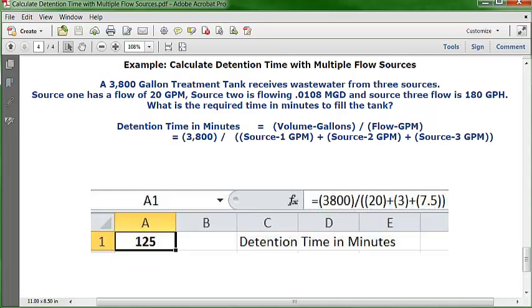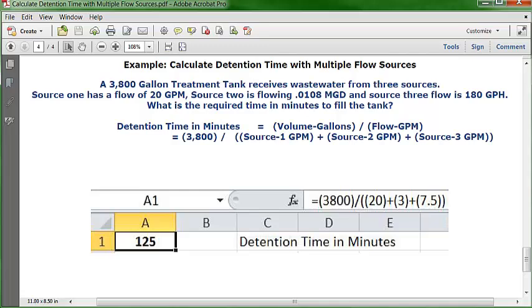You can format it as a number with 0 decimals, and then you can have it as bold and centered in the cell, and then you can just go up to the formula bar and type in this formula that I have here, which starts out with the equal sign, open parentheses, 3,800, close parentheses, division key, open parentheses, 20, close parentheses, plus open parentheses, 3, close parentheses, plus open parentheses, 7.5, close parentheses, and you hit the enter return key, and that's where you get the 125.